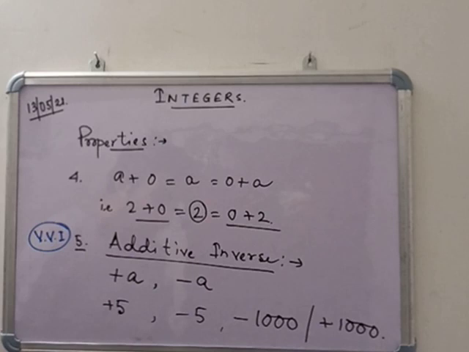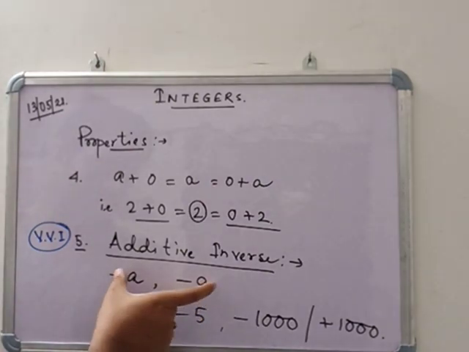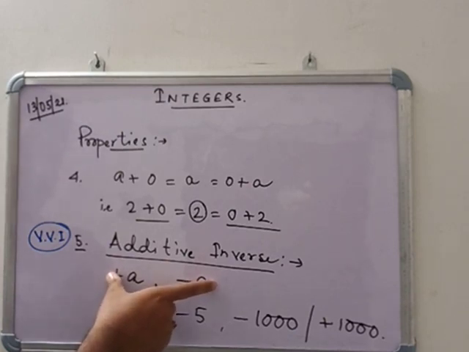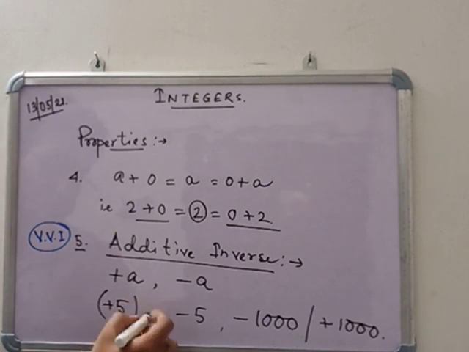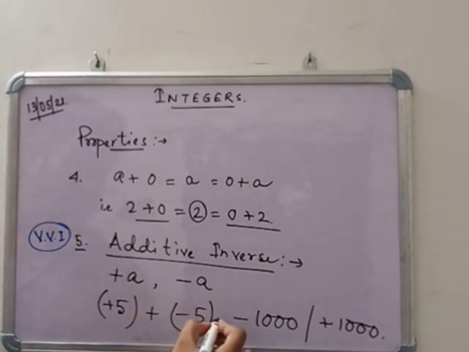So for every integer plus a, there exists an integer minus a, such that the addition of these two is 0. If we add these two numbers, we get 0.